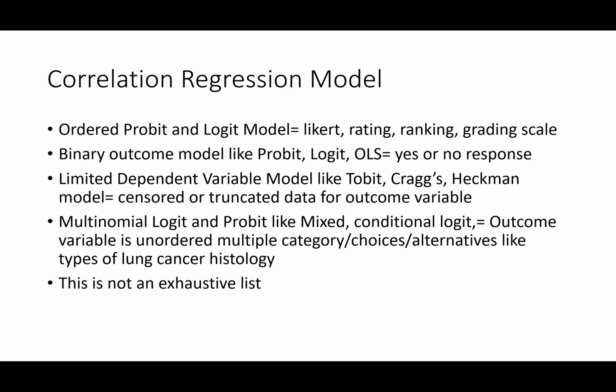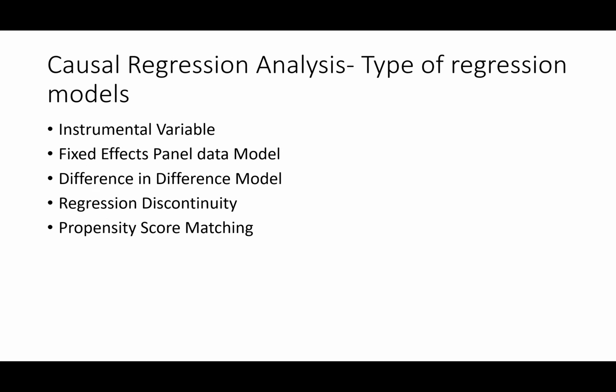For example, your outcome variable is types of lung cancer, which is adenocarcinoma, squamous cell carcinoma, or large cell carcinoma. These are the different types of histology. So let's say my outcome variable is types of lung cancer. Then in this case, you would use a multinomial logit and probit model.